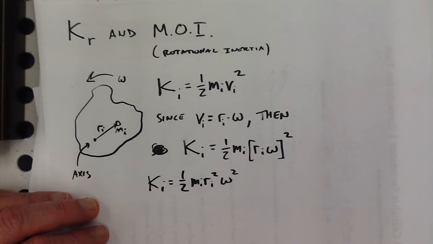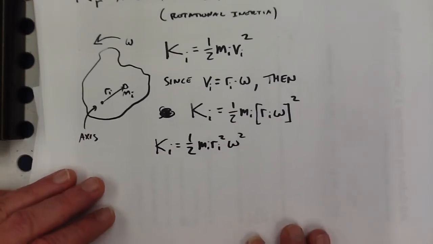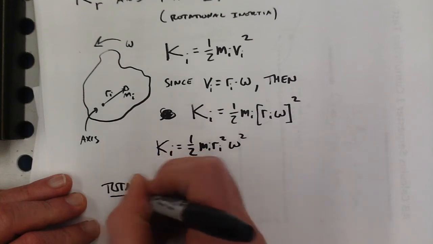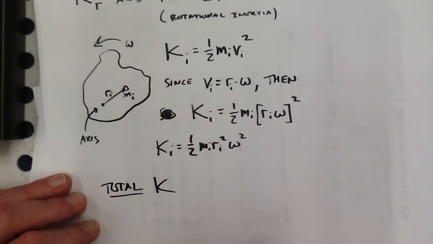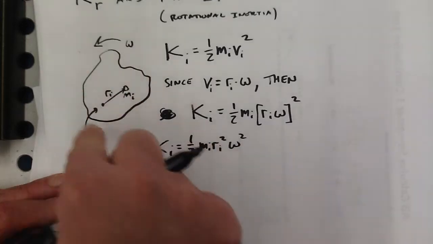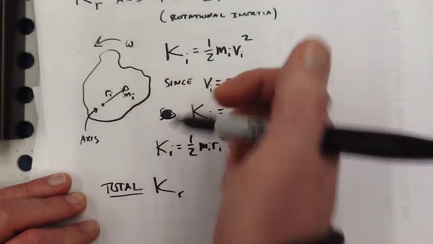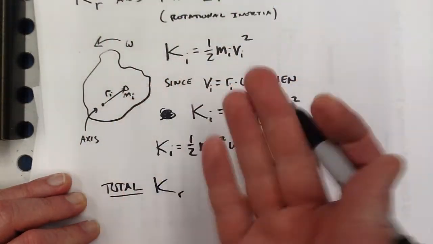And then what if we wanted the total kinetic energy of the whole thing? If you chopped it up into lots of little bits, then you just have to add up all the bits, right? If this one has that much kinetic energy, then these other bits have kinetic energy too, and none of it's going to cancel, right?